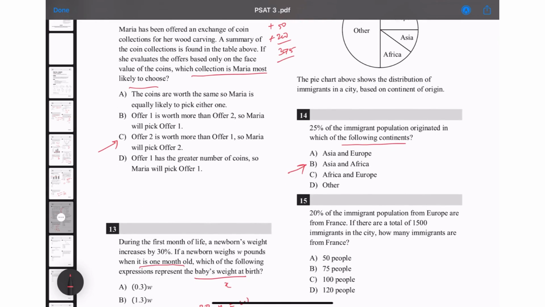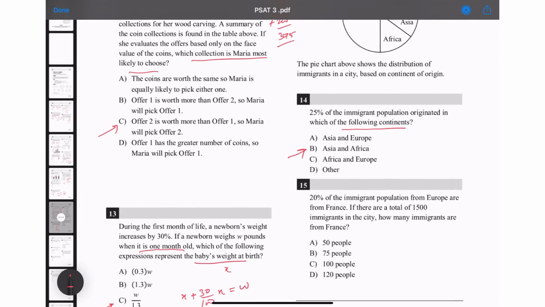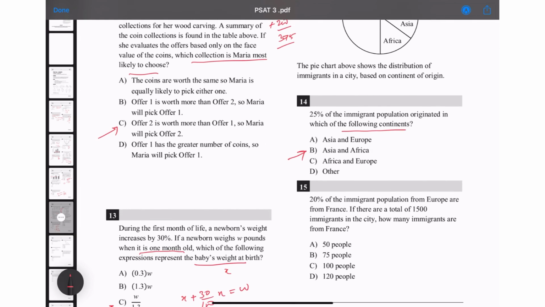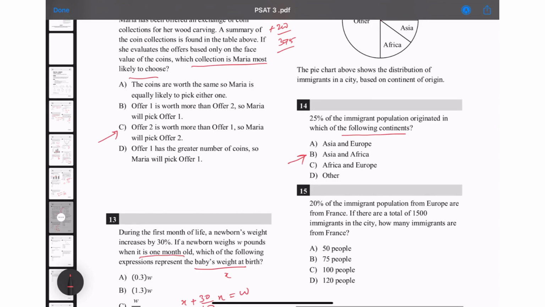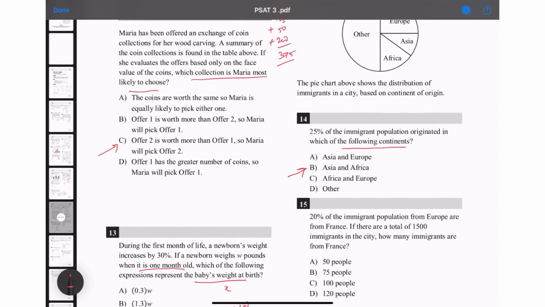20% of the immigration population from Europe are from France. Total of 1500 immigrants in the city. How many immigrants are from France? See, 20% of the population from Europe.